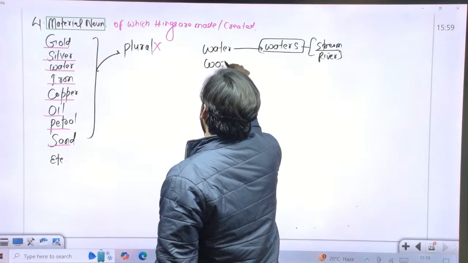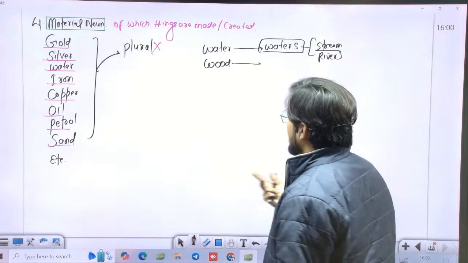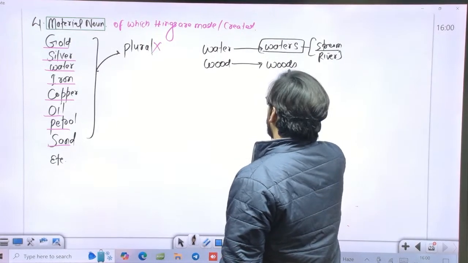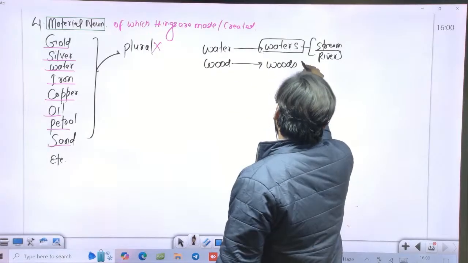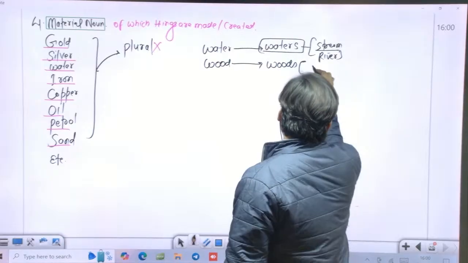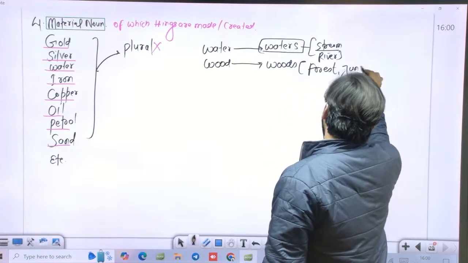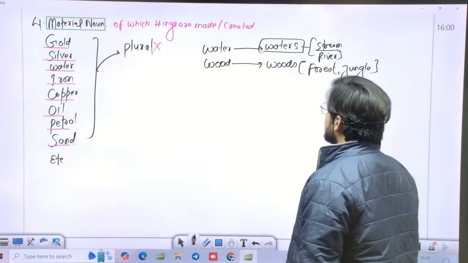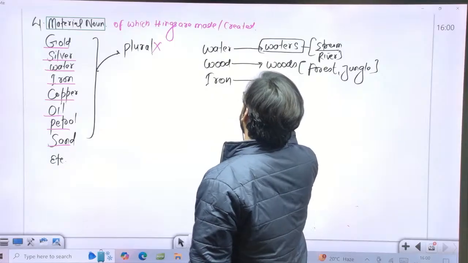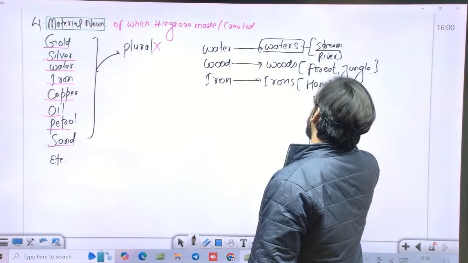Wood is your material noun of which we can make so many things. But when we talk about woods, it is not the plural of wood. It is forest, or we can say jungle as well. Okay, iron becomes irons when we talk about handcuffs.